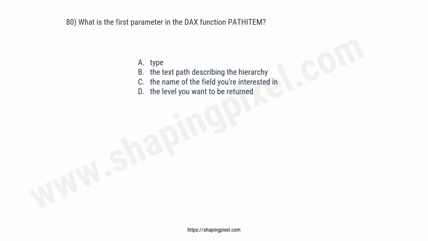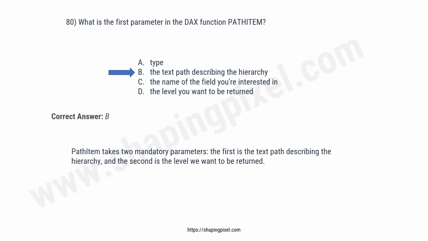So the right answer here is option B, the text path describing the hierarchy. Path item takes two mandatory parameters. The first is the text path describing the hierarchy, and the second is the level we want to be returned.